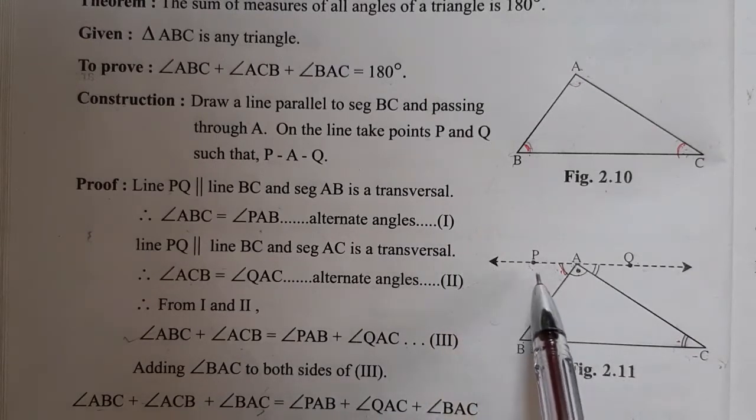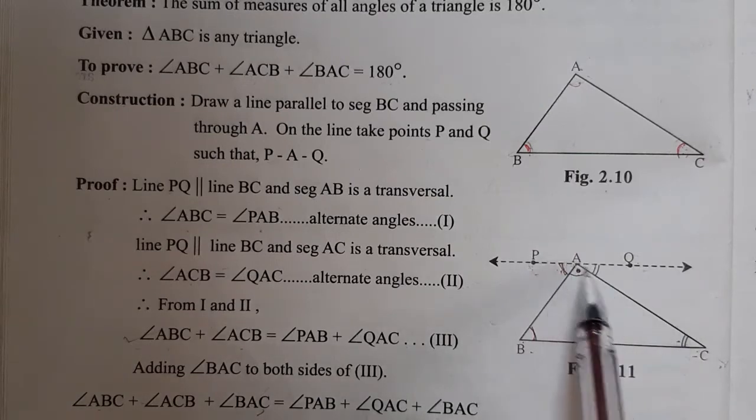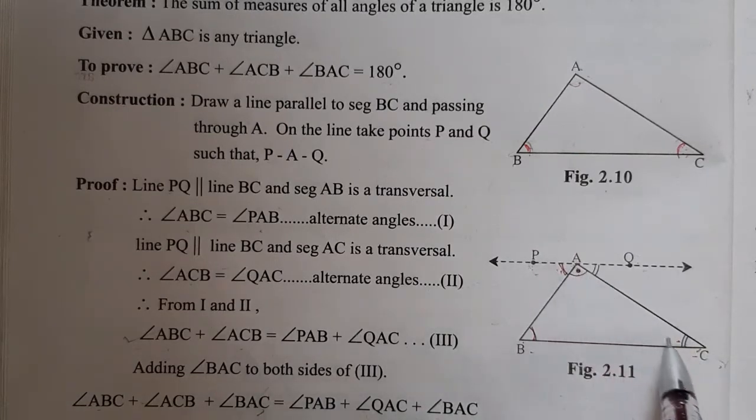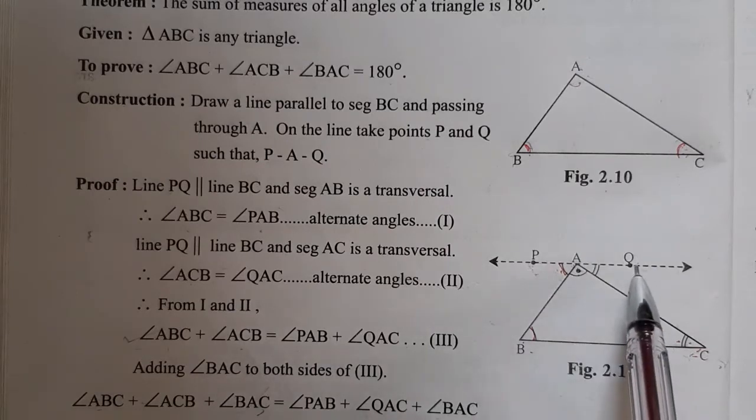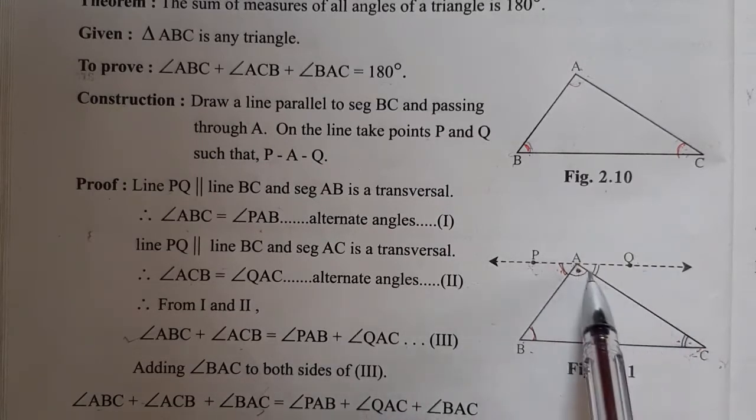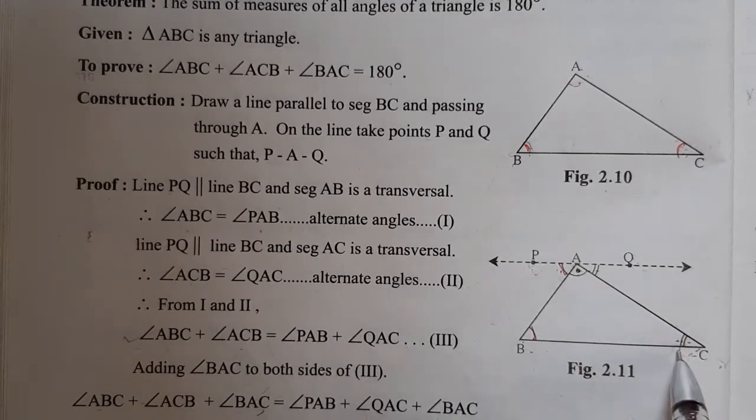Now again we take the line PQ parallel to line BC and AC as a transversal. So we get again one pair of alternate angles. Angle ACB equals angle QAC. These angles are again alternate angles. We give the number 2 for that.